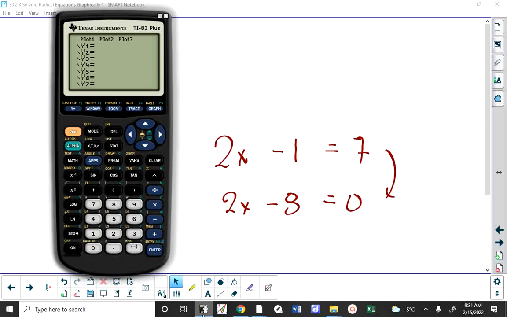But I could say, just go ahead and enter this. And then they go, okay, what do I do now? And I could talk them through it. I go zoom 6. They may not understand what this picture even means. It doesn't matter. They haven't been taught about coordinate planes. And then I go to your calculate menu and choose zero. Why?